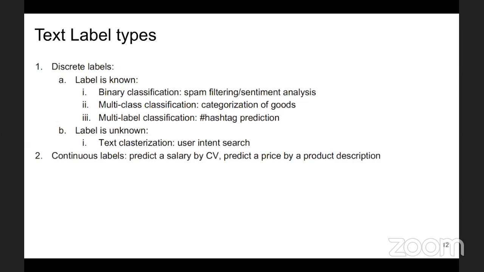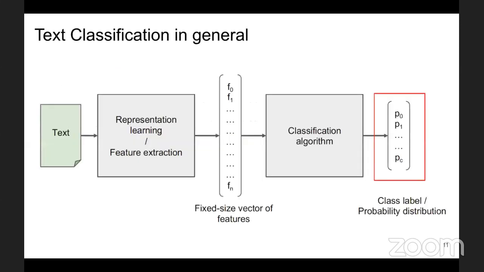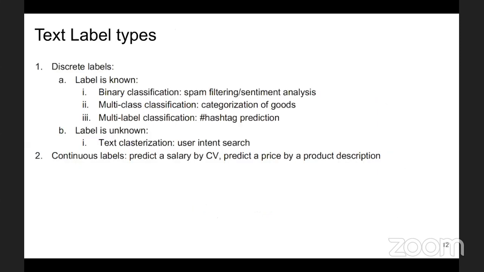Many a time the label can be unknown, but then you can do text clustering. When you get those numbers from the text representation which we previously saw, these numbers can be clustered in that space, using unsupervised methods.